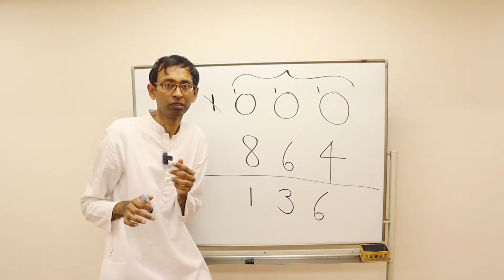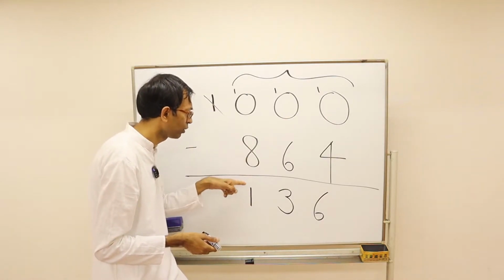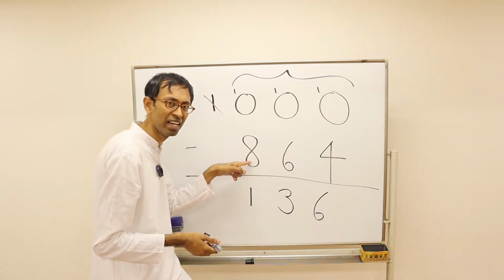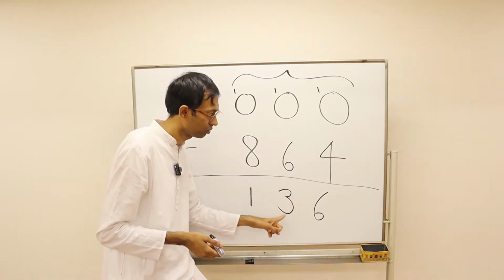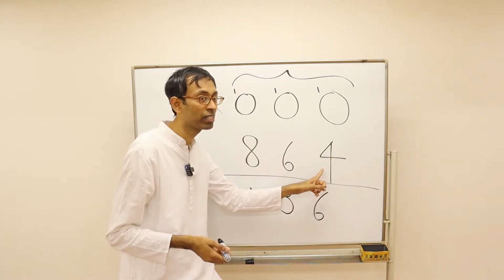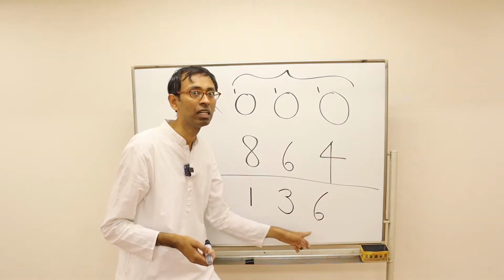Is it true? Look at the answer. 9 minus 8 is a 1. 9 minus 6 is a 3. And because we reached the end of the problem, 10 minus 4 is a 6.